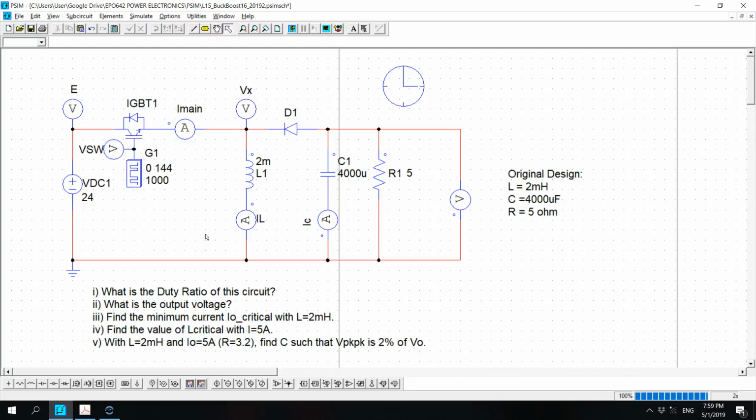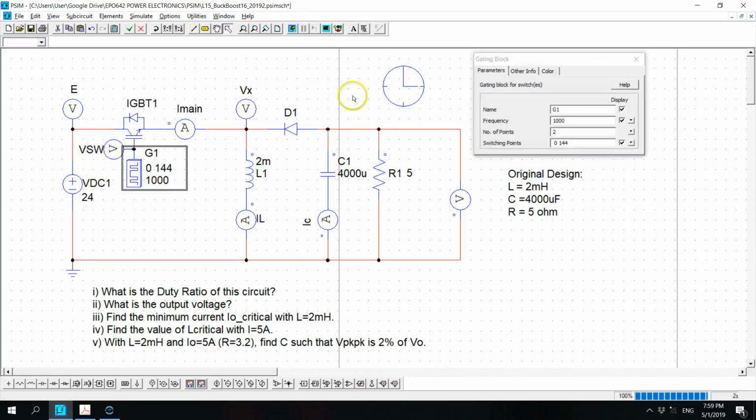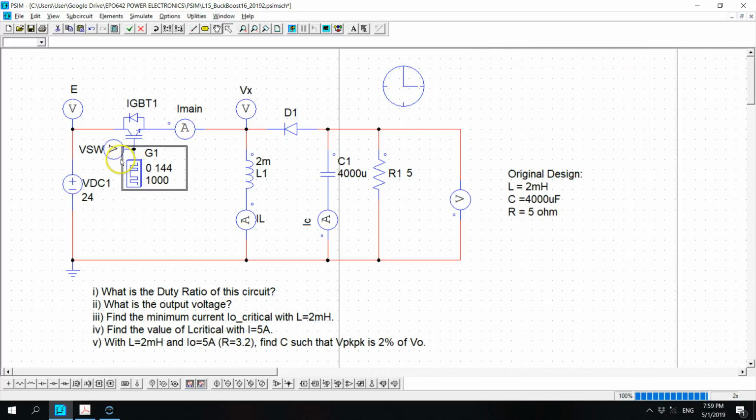Okay, so you are given the original circuit design with an input voltage of 24 volt, and we have this gating block of 1000 Hz. This is the switching frequency for the IGBT, and it is switched from 0 to 144 out of 360 degree.